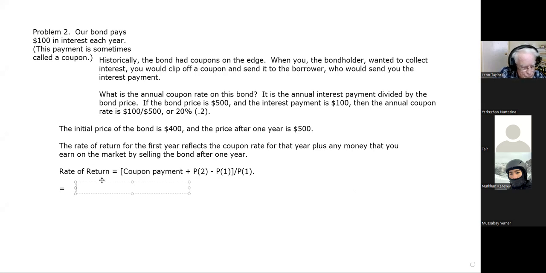So let's substitute 100 for the coupon payment. And then we sell the bond for 500, for a gain of $100 over the year.